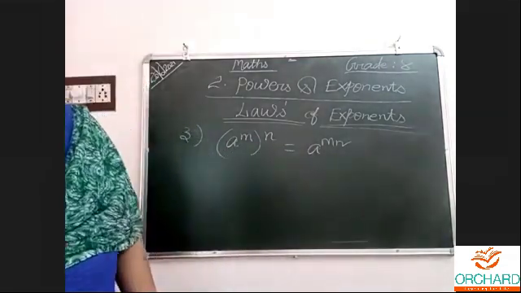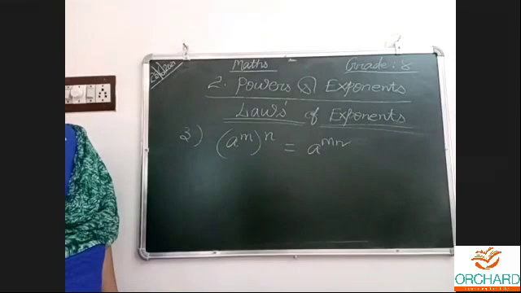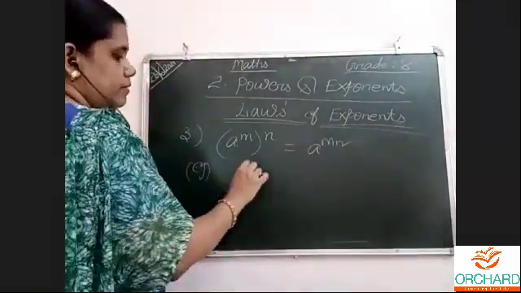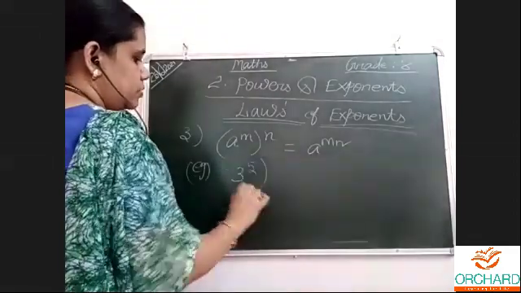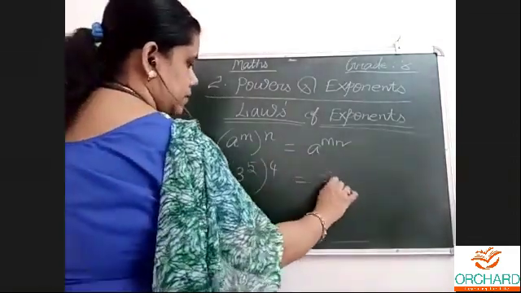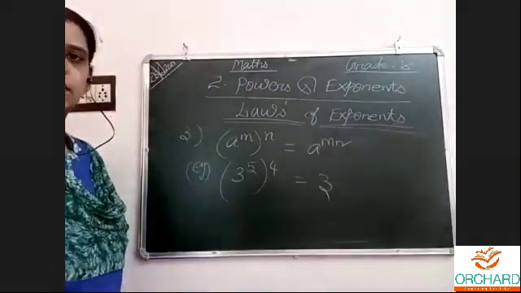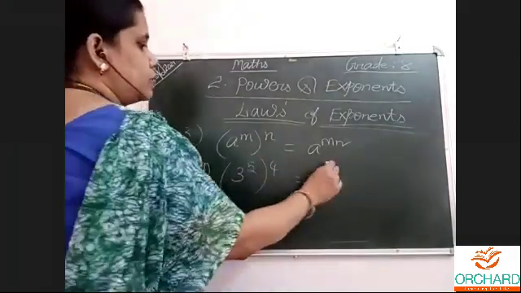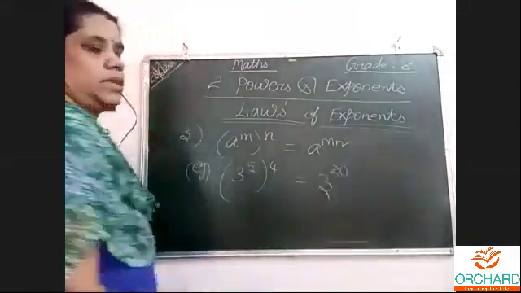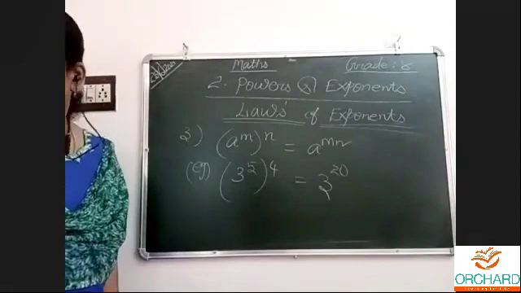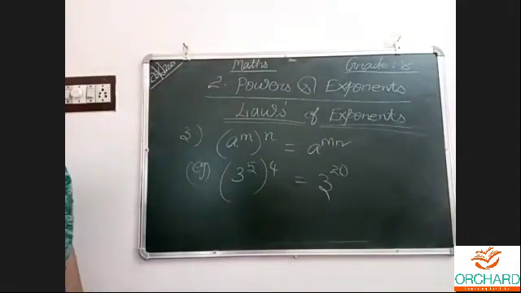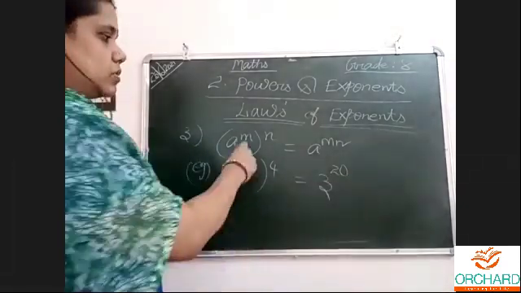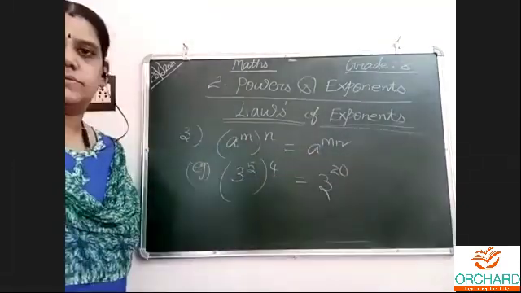Let us take an example. 3 power 5, the whole power 4, is equal to the base 3. Here m and n should be multiplied. 5 fours are 20. 3 power 20. The base is 3 and the power is 20, so 3 into 3 into 3 into 3 and so on. So this is the third law.